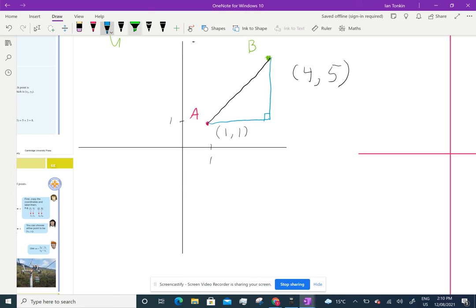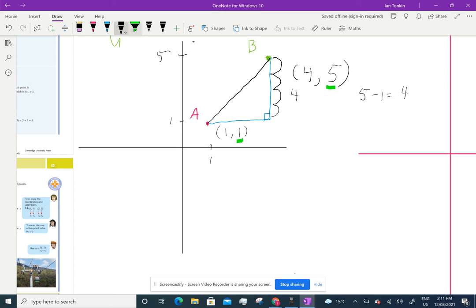Remember these numbers, the y numbers, they tell us how far up or down it goes. So this has started at 1 and it's gone all the way up to 5. 2, 3, 4, 5. It's 4 up. An easier way to do it is just to go 5 minus 1 will give me 4.